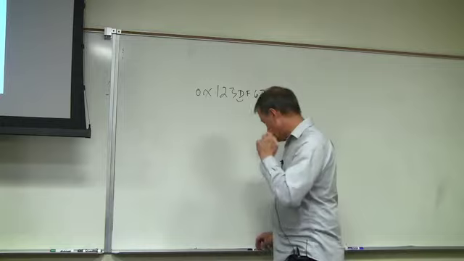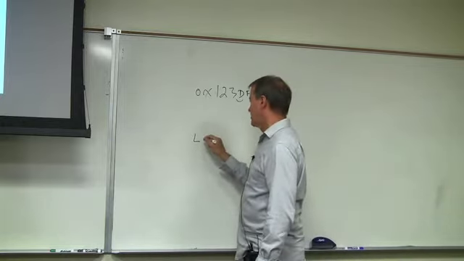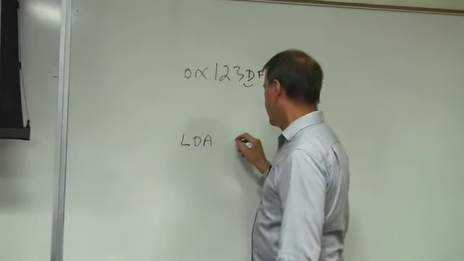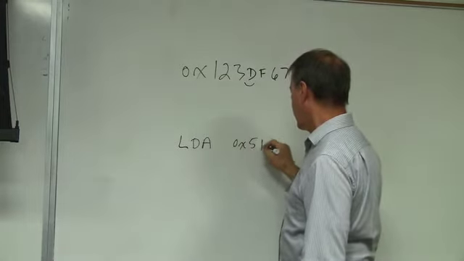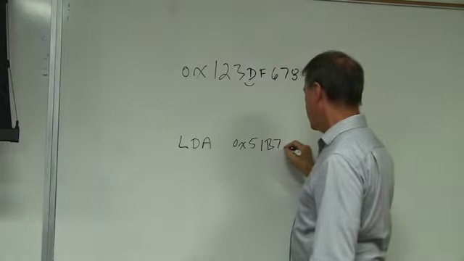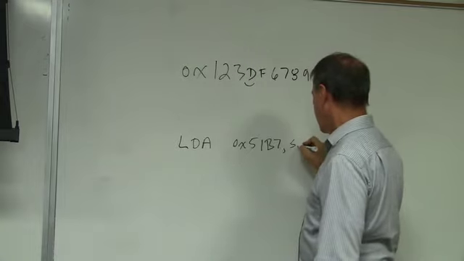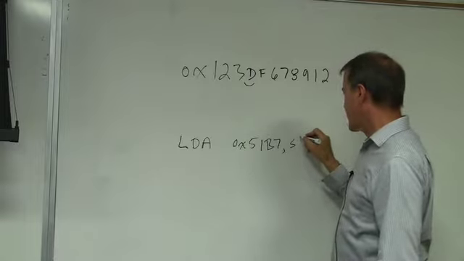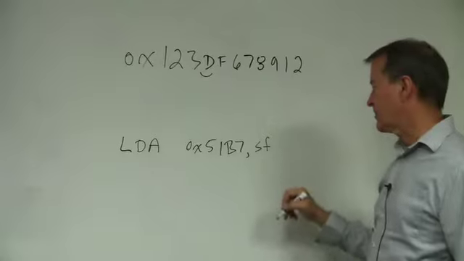So you remember what we said, like if we said load accumulator, I don't know, like 0x51b7, comma, s, stack relative. Is there an SF? I think so. SF, stack relative deferred.